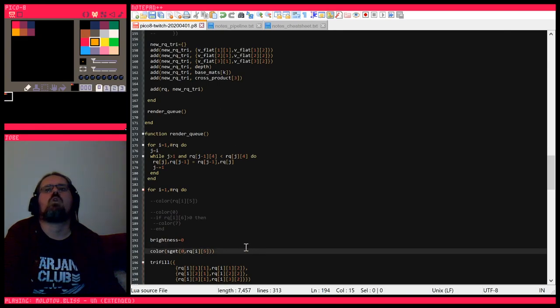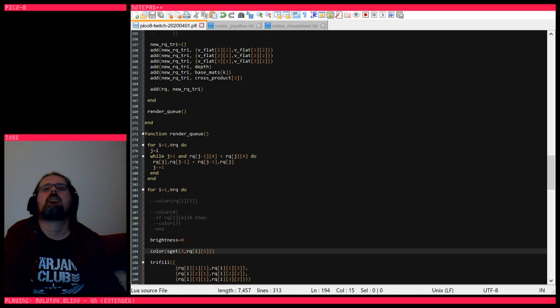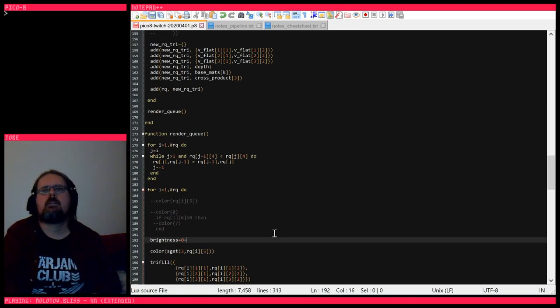It's going to be drawing that. So that's going to be the pixel 3. Now if I did that right, we shouldn't see anything, and we're not seeing anything. Now let's add the z value of the normal to our brightness.